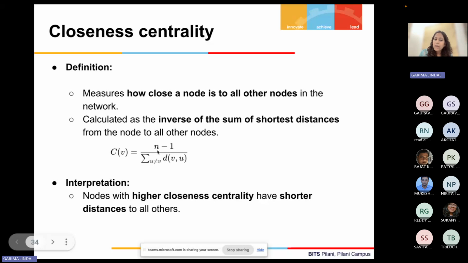Closeness centrality is the inverse of the shortest distance to all the other nodes. Sorry, I'll rephrase it again. Closeness centrality is the inverse average of the shortest distance to all the other nodes.